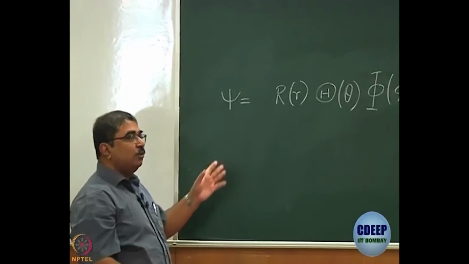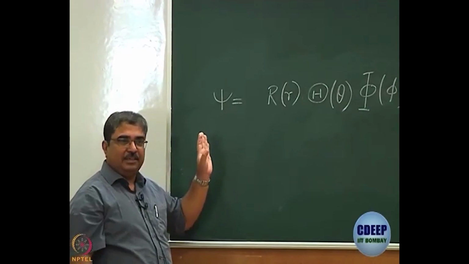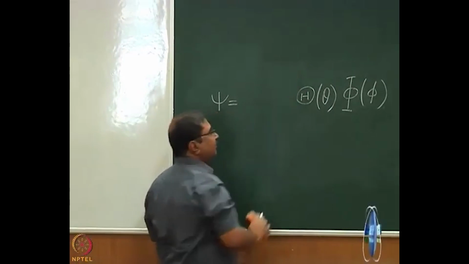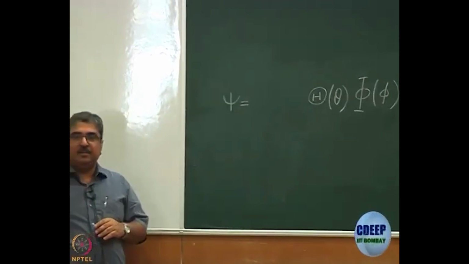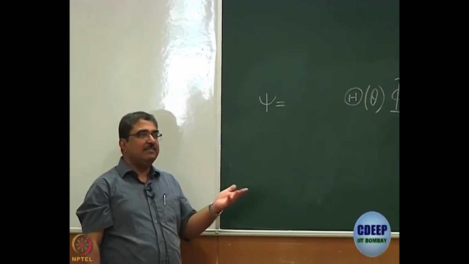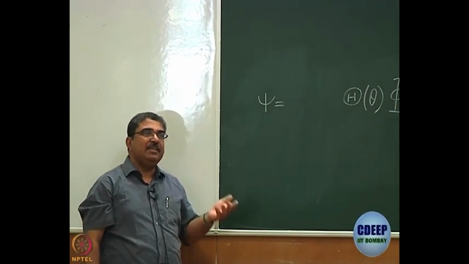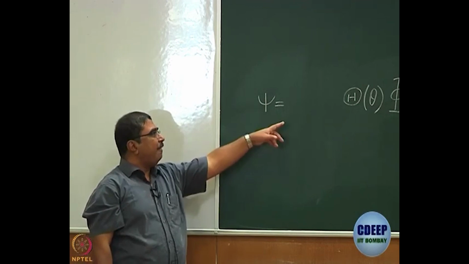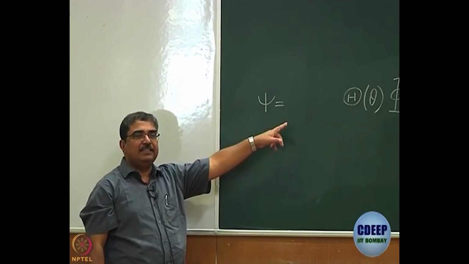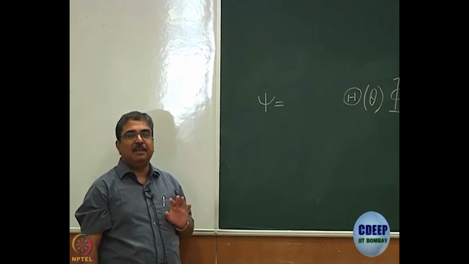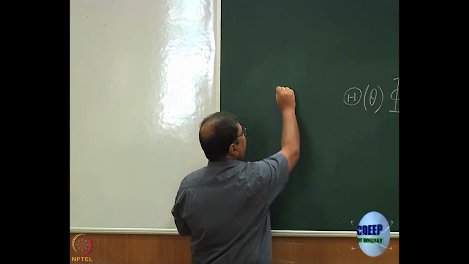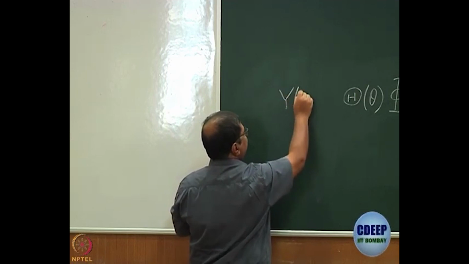Now, when I talk about a rigid rotor, I do not need the r part, because r is fixed. The only parameters I have are theta and phi. So the wave function is capital Theta multiplied by capital Phi, and as you know, this is called spherical harmonics.